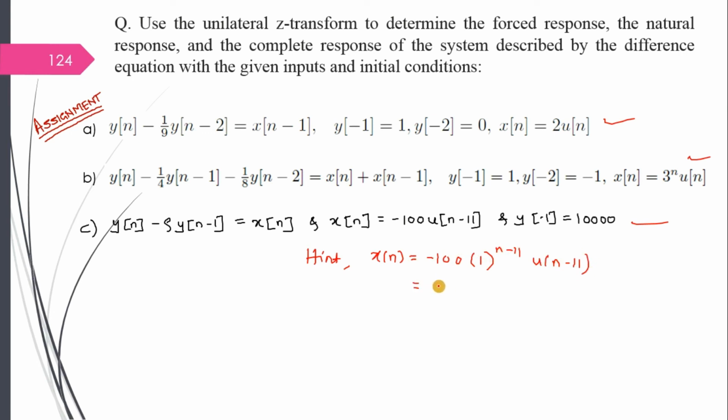So here I can write it as minus 100 x of z, minus 100 z raised to minus 11 divided by 1 minus z raised to minus 1. So this is a hint. With this hint, you find out the complete solution.